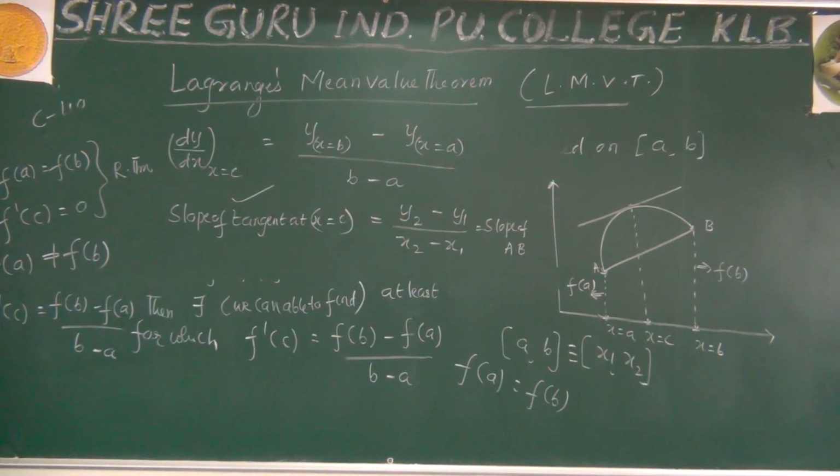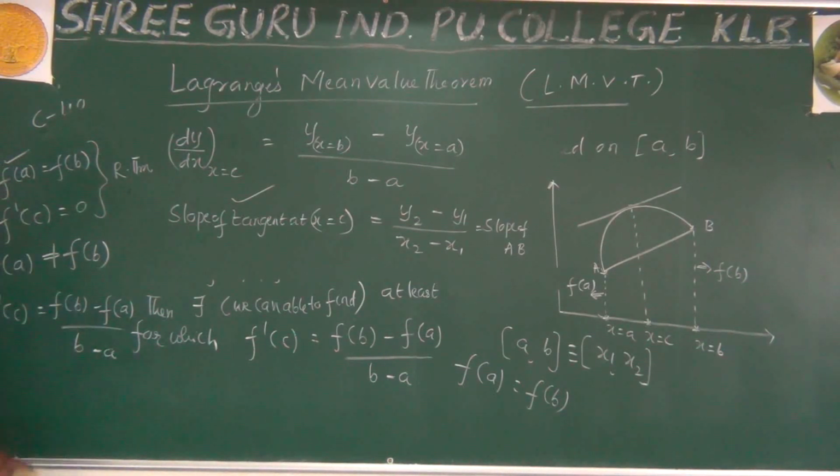As I told in the student class, there will be a phrase in the question like "examine mean value theorem". It may be Rolle's or Lagrange's. If f of a equal to f of b holds, take it as Rolle's. If f of a not equal to f of b holds, take it as Lagrange's mean value theorem.